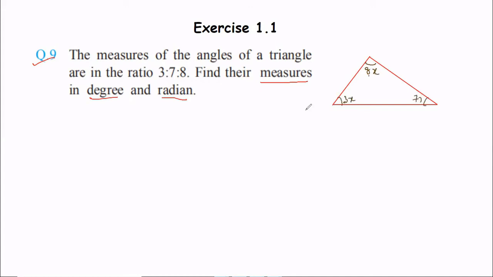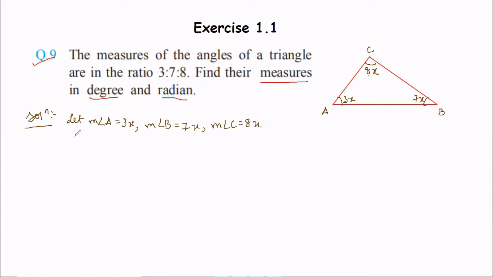You can name them accordingly, A, B, C, like that. So solution: let measure angle A be equal to 3x. We have taken x as a constant, a common multiple for all the three angles. Measure angle B is equal to 7x and measure angle C is equal to 8x.